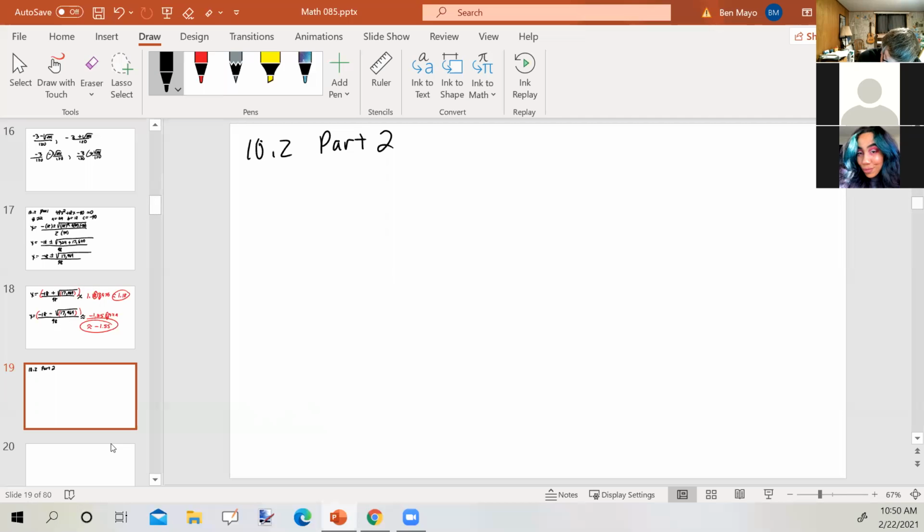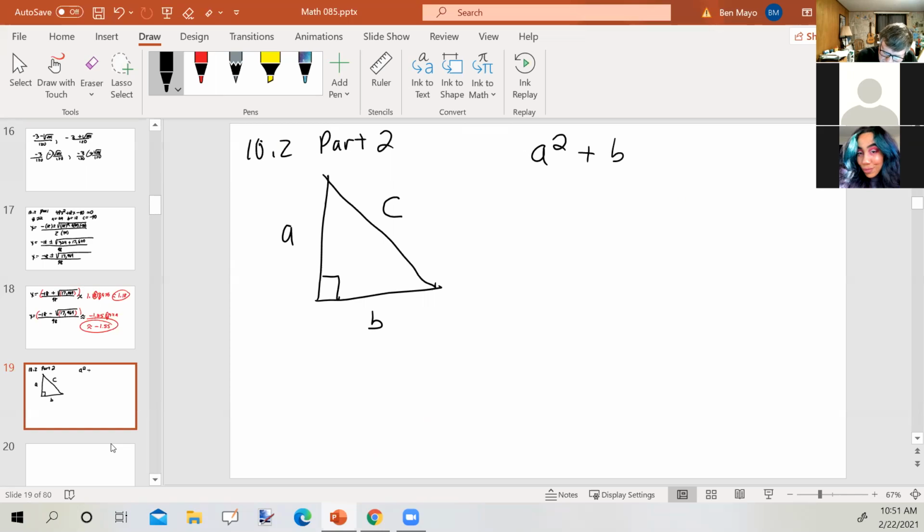It says that when you have a right triangle, that is a triangle with one right angle, the longest side is called the hypotenuse, and we label that side C. The other two sides are called the legs, and we label them A and B. For a right triangle, the following relationship is true: the length of A squared plus the length of B squared equals the length of C squared. So again, this is the Pythagorean theorem. We're going to be using that on some of these problems, especially this one.